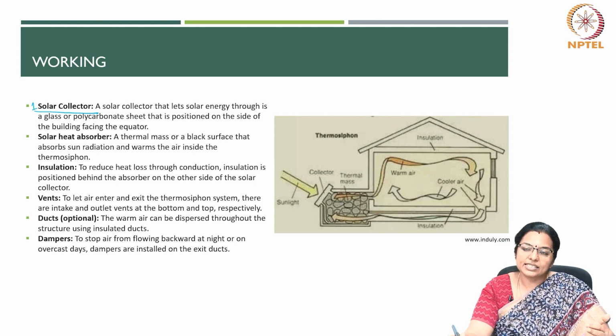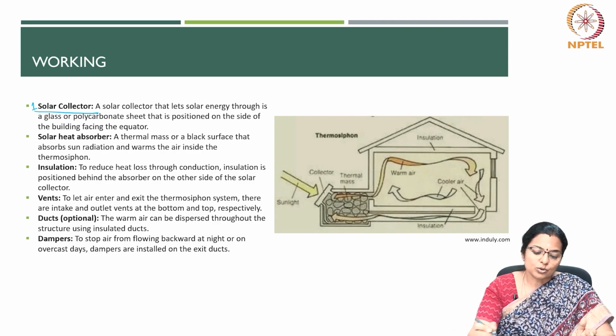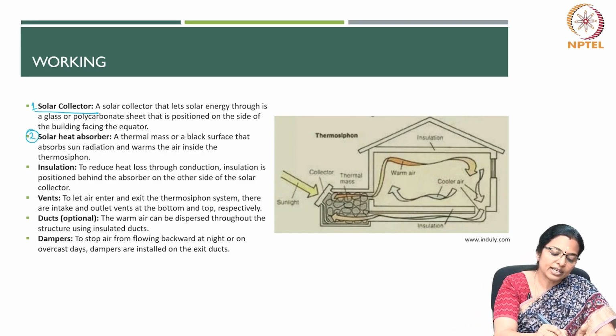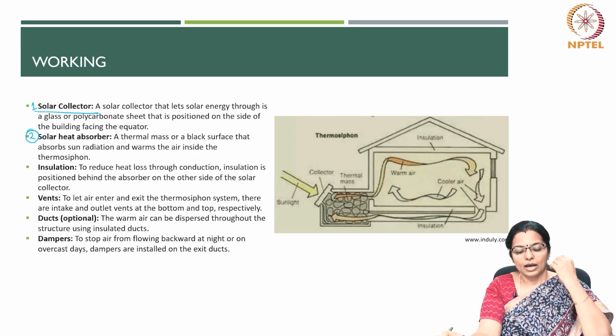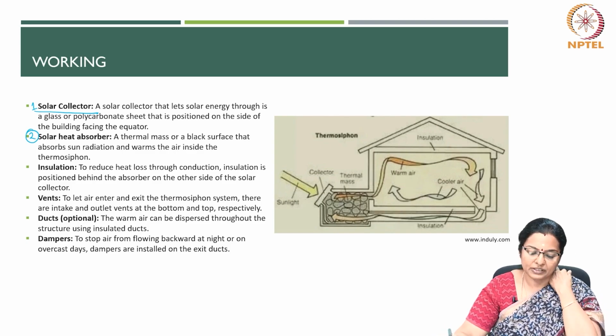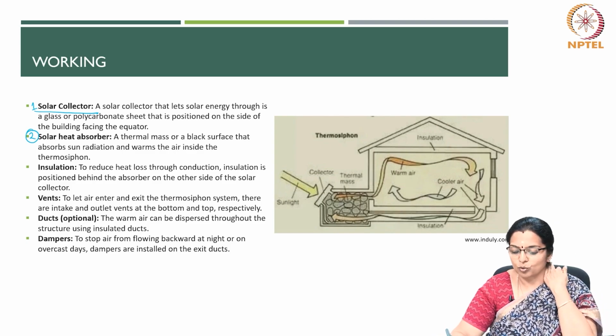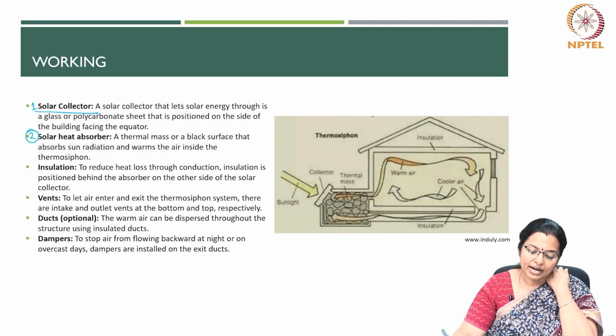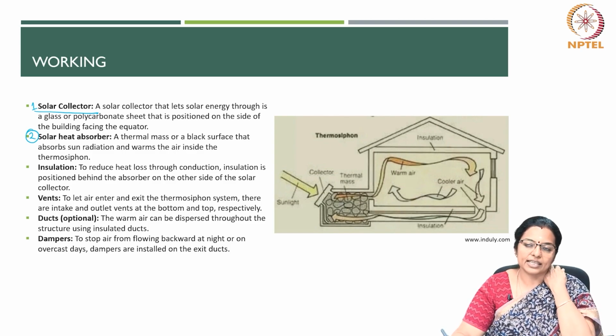This heat is then absorbed by the absorber. So, we need a solar heat absorber, which is a thermal mass or a black surface that absorbs solar radiation and warms the air inside the thermosiphon.